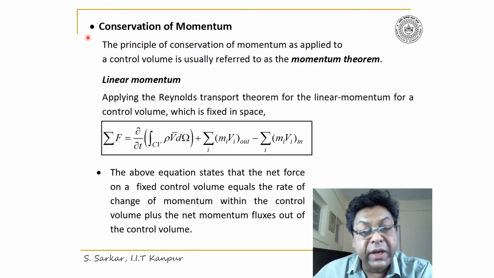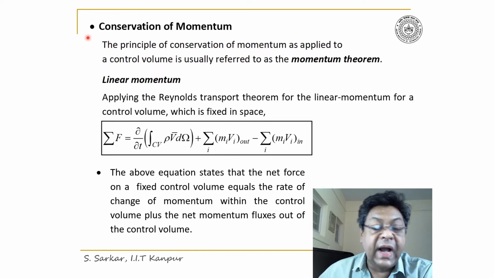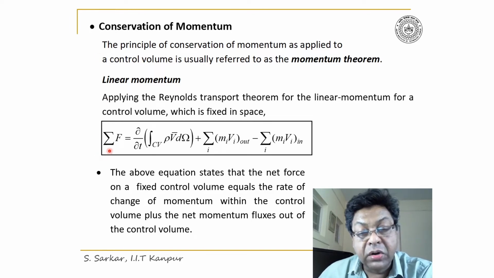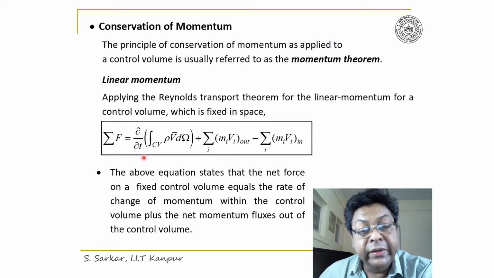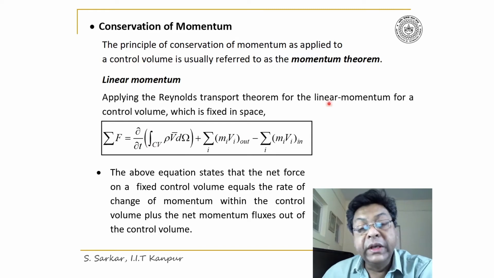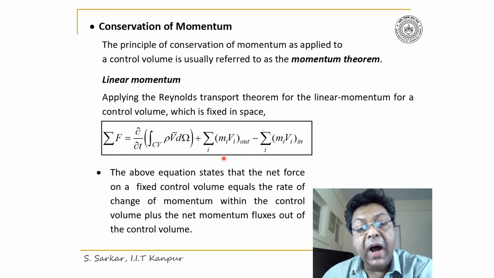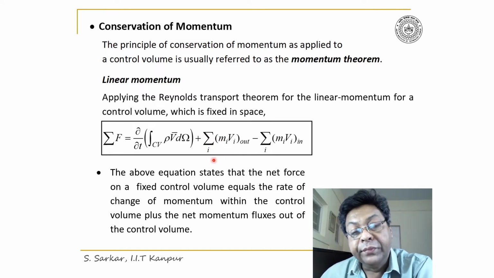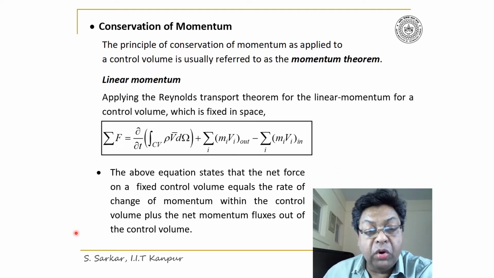for the linear momentum to a control volume which is fixed in space, I can write that force on the control volume sigma F is equal to del/del t of volume integral of rho V d omega plus surface integral of momentum flux out of the control volume, which can be written as sigma m_i V_i out minus sigma m_i V_i in.